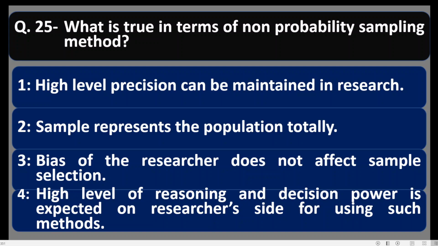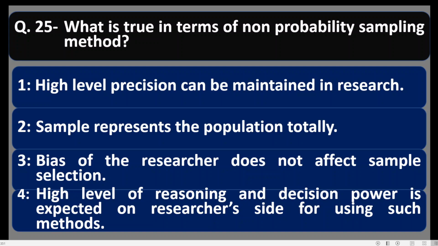Friends, here it is said about the non-probability sampling method. If non-probability sampling is used, then we cannot maintain a high level of precision. So option number 1 is false. Option 2 says that the sample represents the population totally. It is impossible in the non-probability sampling method, so it is also false. Bias of the researcher does not affect sample selection, it is said in option number 3.